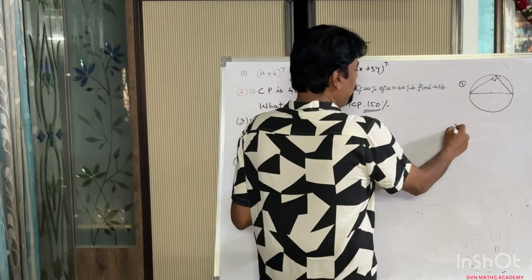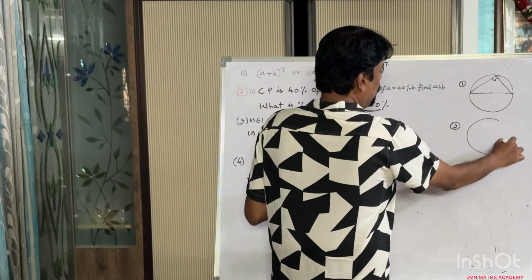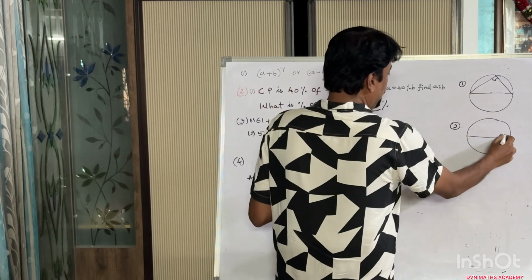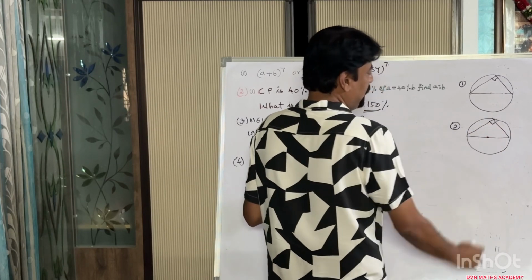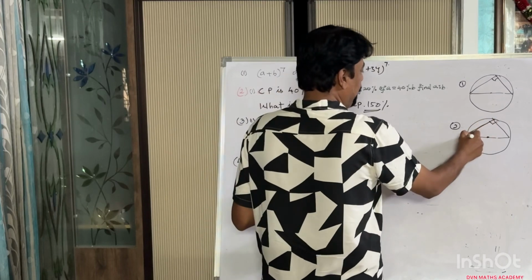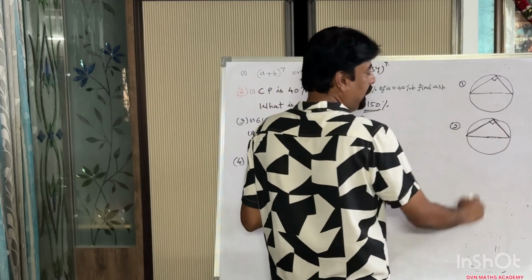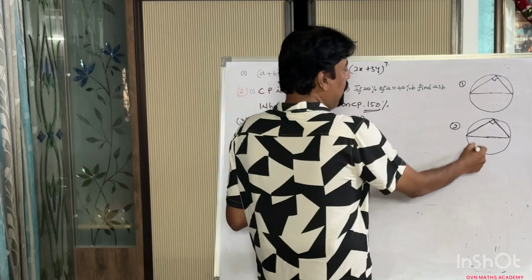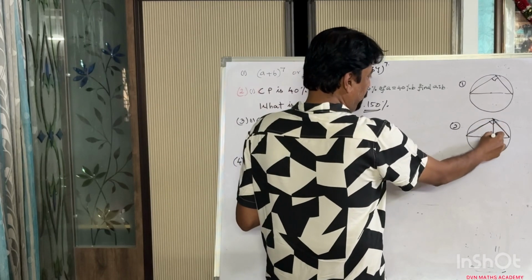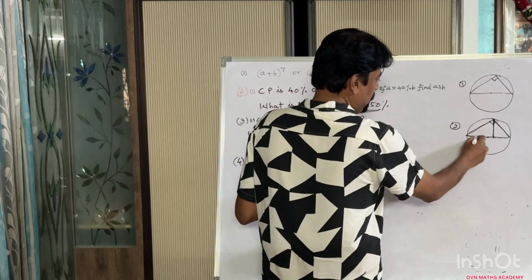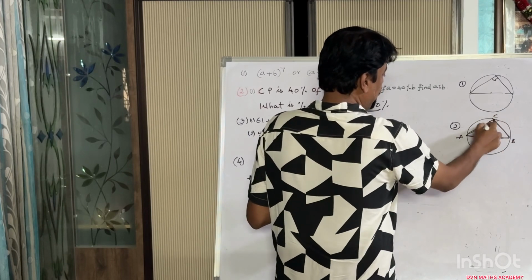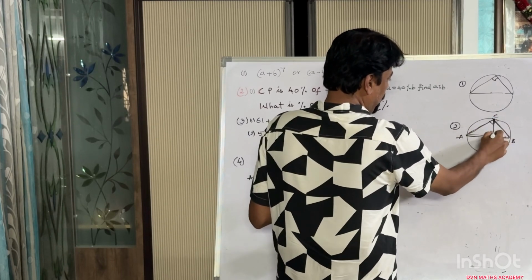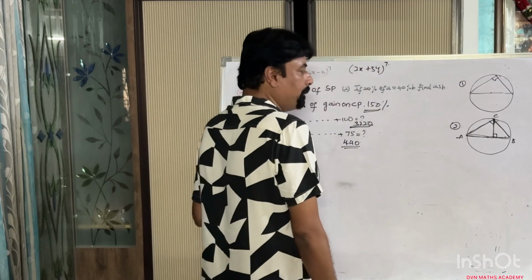And the second concept we should know: in a semicircle the angle is 90 degrees, hence it is a right angle triangle. For example, if I draw a perpendicular on the hypotenuse AB, then ABC is a right angle triangle with 90 degrees on the hypotenuse.